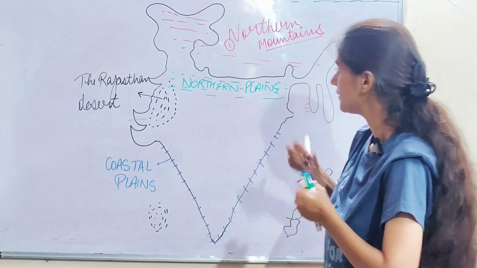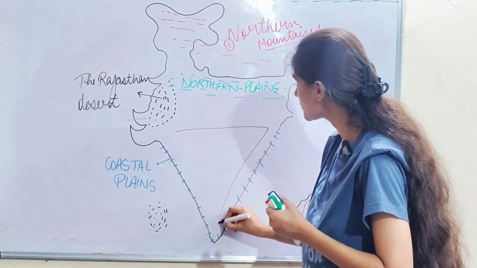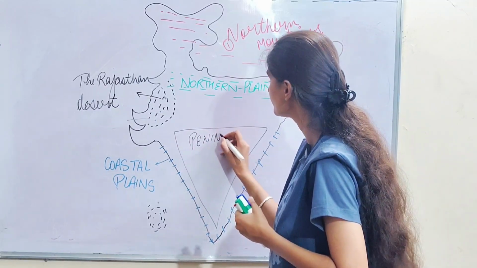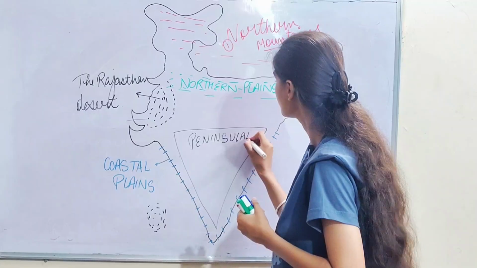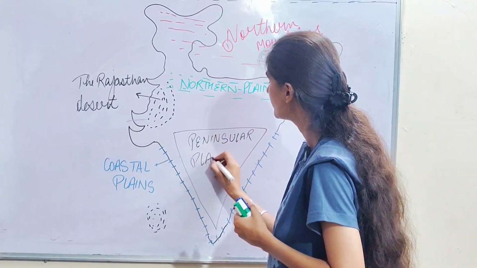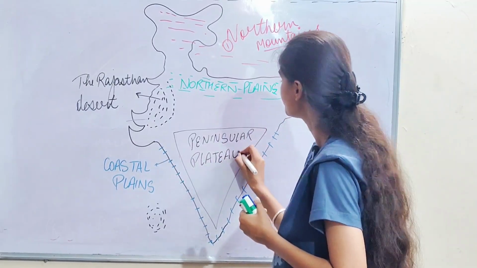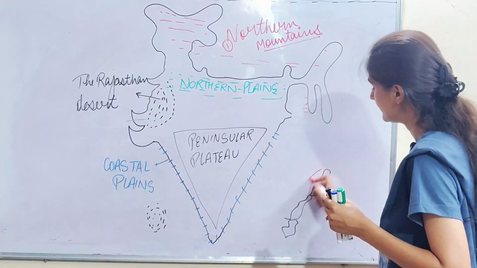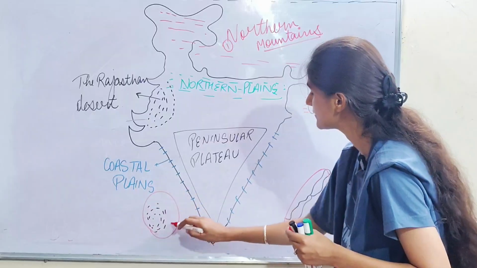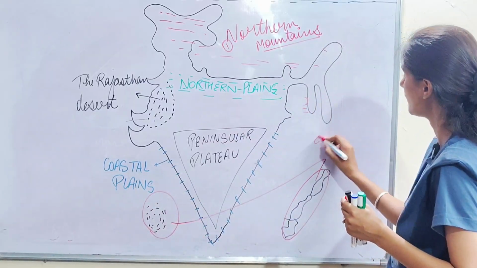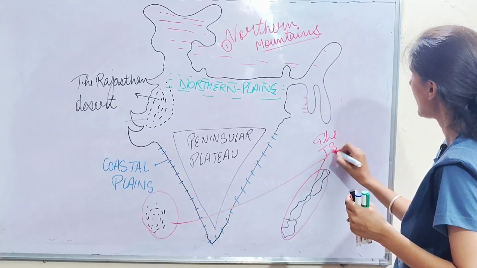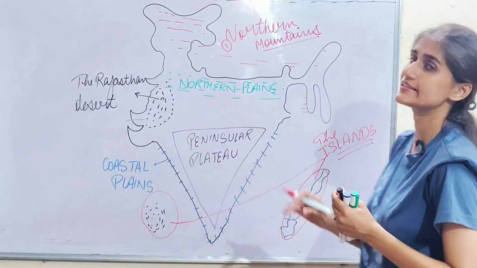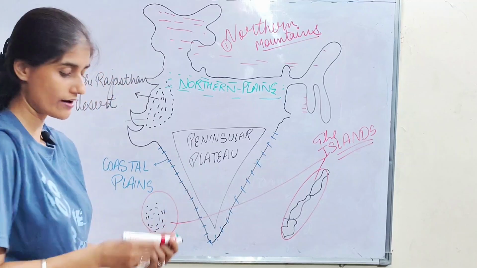And next we have this region, the peninsular plateau. And last, we have this and this: these are the islands. So we have these 6 physiographic regions which we have to study.